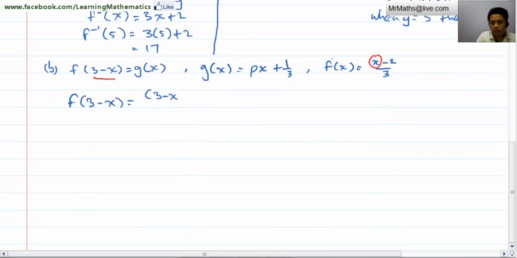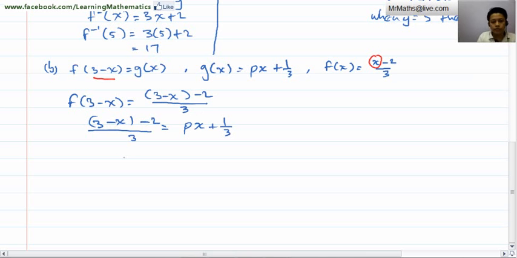Okay, and then minus 2, over 3. And as such, (3 over x minus 2) over 3 is equal to px plus 1 over 3.